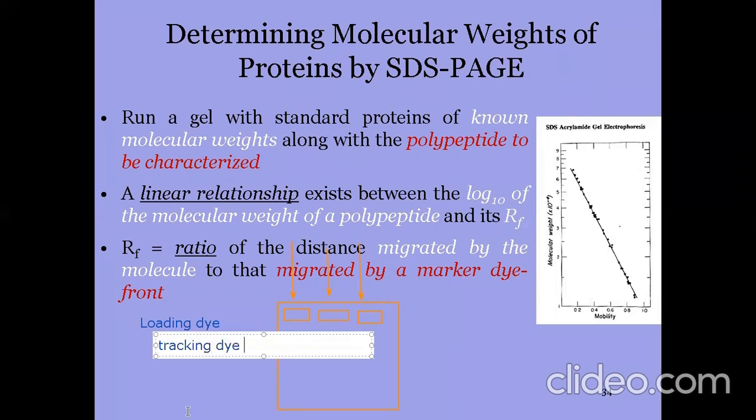because with the naked eye we need to know where our sample has reached. Like the loading dye, the tracking dye is here. If we see the dye here, we will know that the sample has reached up till here. So we need to stop electrophoresis, because we get an idea that our protein has reached up till here.